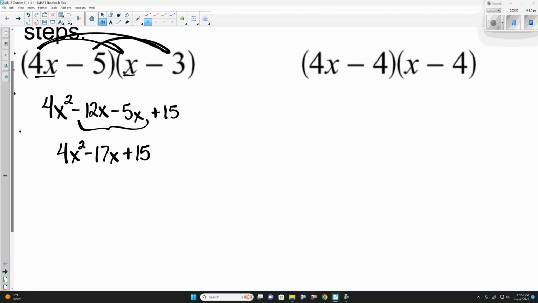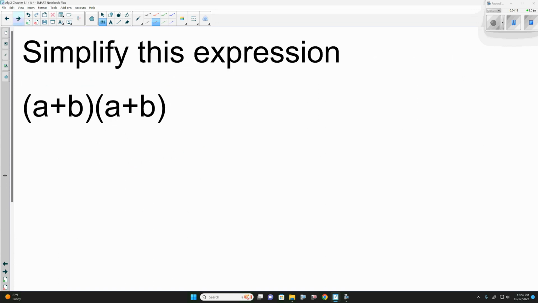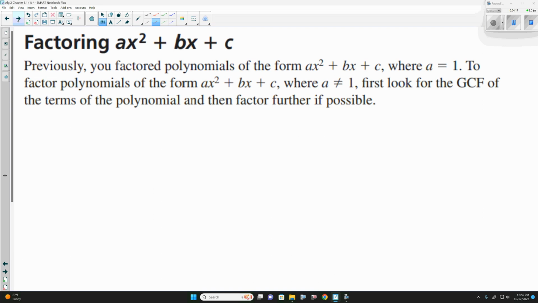Now when we factor, we're going to start out with this quadratic and get it back into factored form, our sets of parentheses being multiplied together. That's the goal. We started out with this to see how this works, but we're going to go from this form to that form.